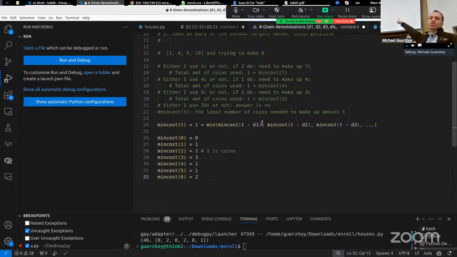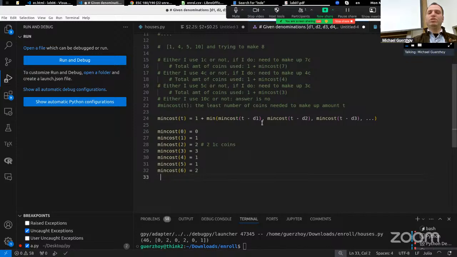So at this point, we can start thinking about it in terms of the minimum there, right? So how would that work? So this would be 1 plus min cost 5, because we could use a 1 cent coin, or min cost 2, or min cost 1. Right?